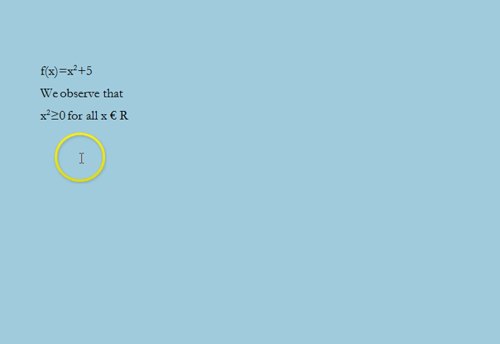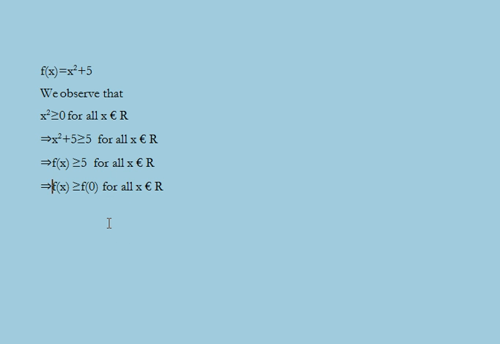We know that x square is greater than or equal to 0 for all values of x belonging to R. This implies that x square plus 5 is greater than or equal to 5 for all values of x belonging to R, which further implies that f(x) is greater than or equal to 5, which implies that f(x) is greater than or equal to f(0) for all x belonging to R. It follows from this expression and the above definition that the minimum value of the function f(x) equal to x square plus 5 defined on R is 5, and the point of minimum value of f is x equal to 0.